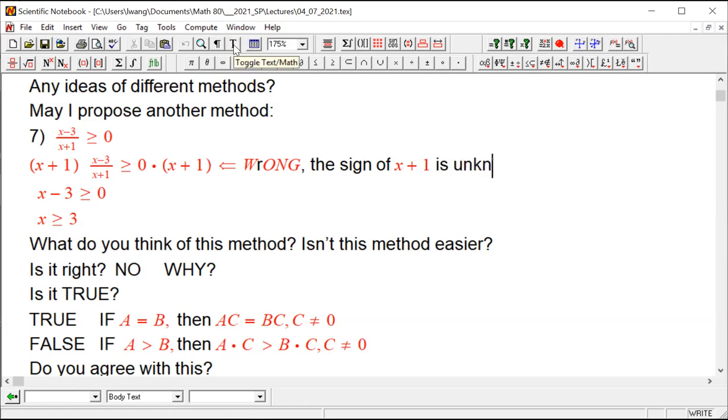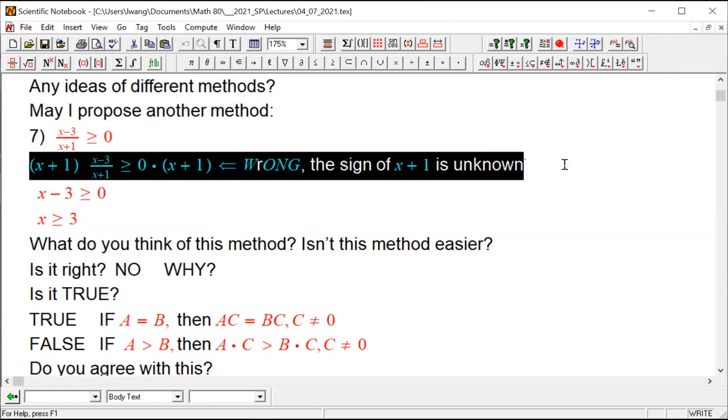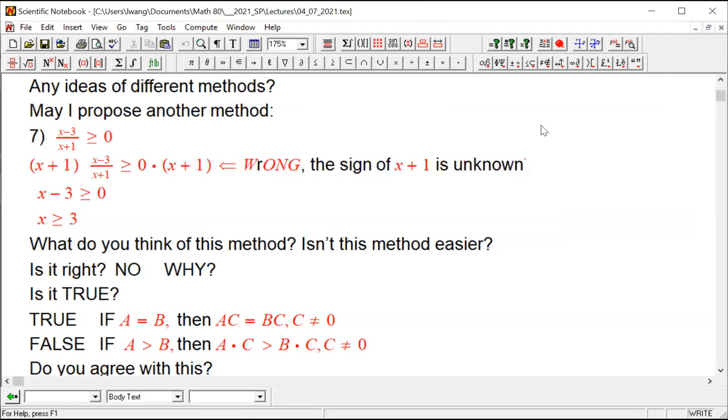We don't know if it is positive or negative. If it's positive, we don't switch. If it's negative, we need to switch. So do we switch? We don't switch. Do you follow me? Can you write down the answer? So yes, this method is easier, but it's a terrible mistake.